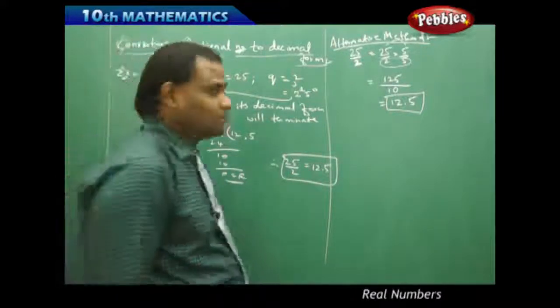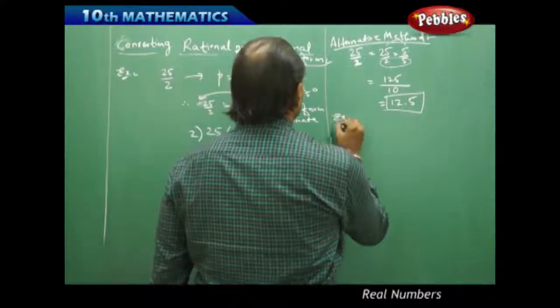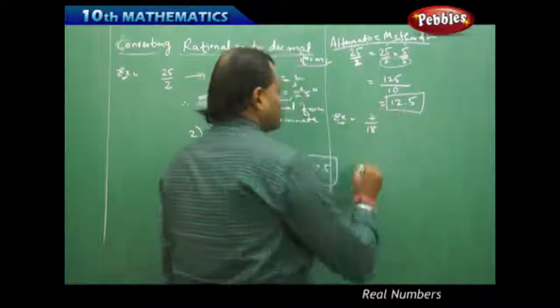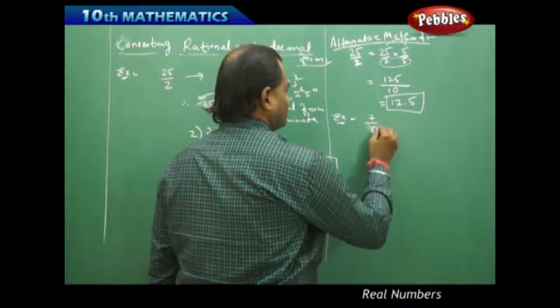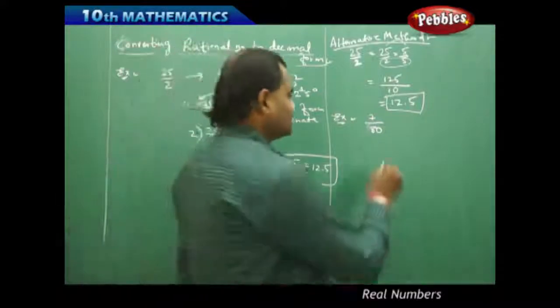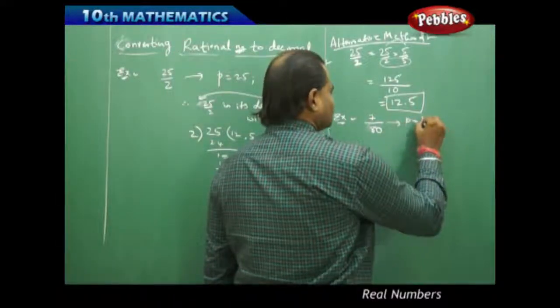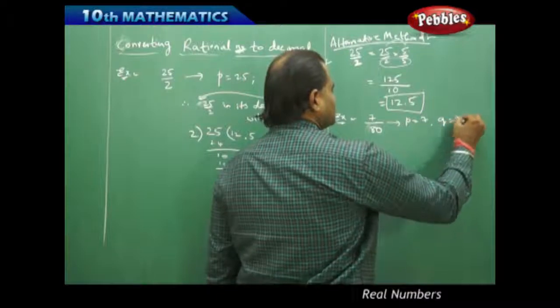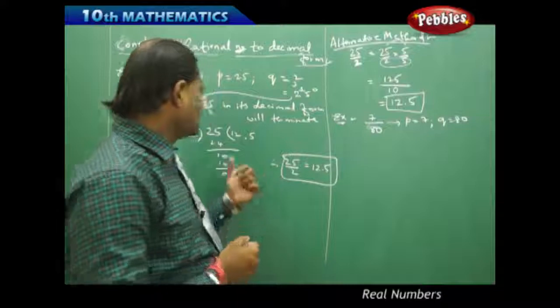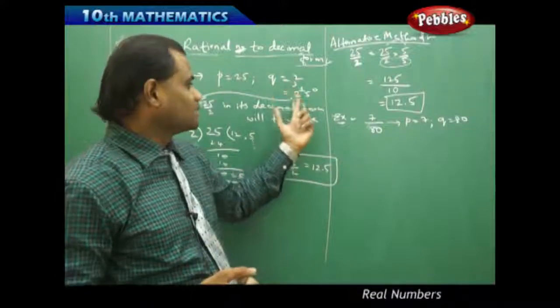Let's take another example. Now I have 7 over 80, where in this case p is 7 and q is 80. My first target is to see if q can be expressed in the form 2 power n into 5 power m, as in the previous case.